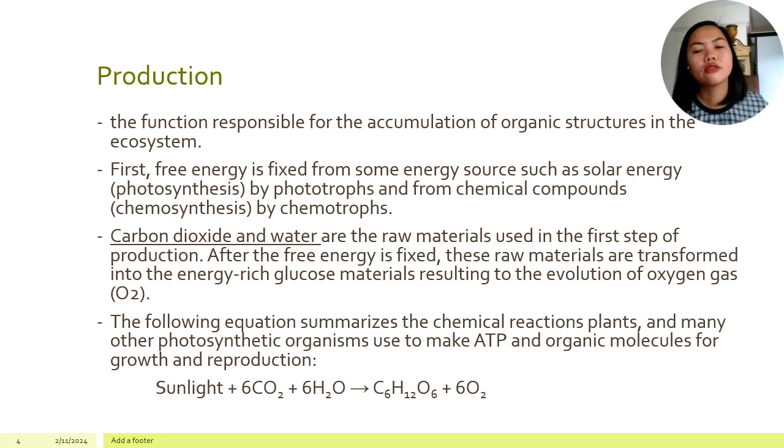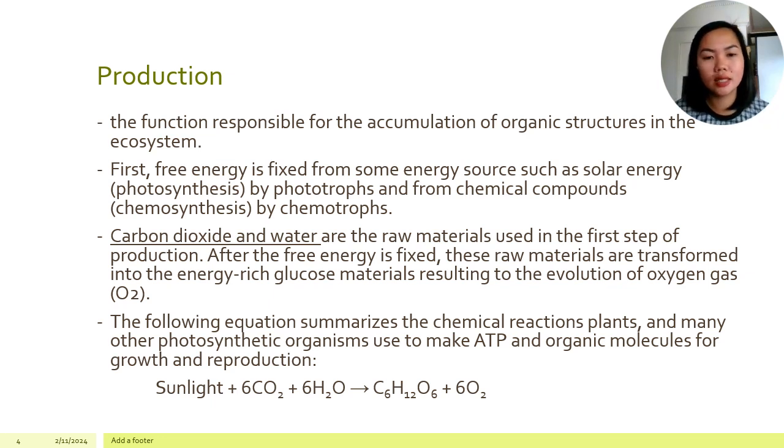And after free energy is fixed, these raw materials are transformed into energy-rich glucose, resulting in the evolution of oxygen gas. So we have here the equation that summarizes the chemical reactions plants and many other photosynthetic organisms use to make ATP and organic molecules for growth and reproduction.